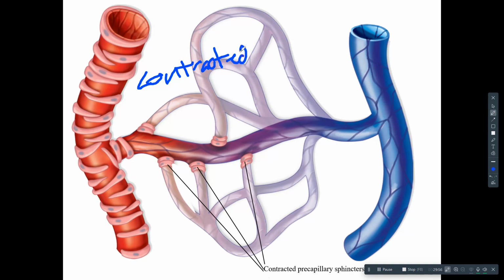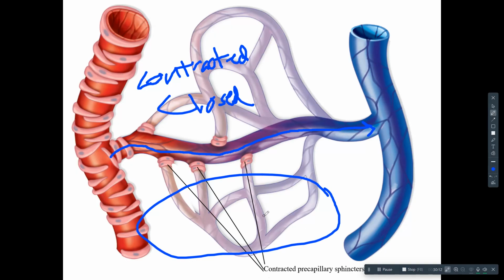Therefore, the precapillary sphincters are closed. So the blood is just zipping right down this pathway down the middle. The blood is not filling all the capillaries in the capillary bed. These guys are empty. And this is a good way to solve this issue of having so many capillaries that I can't fill them all at the same time.